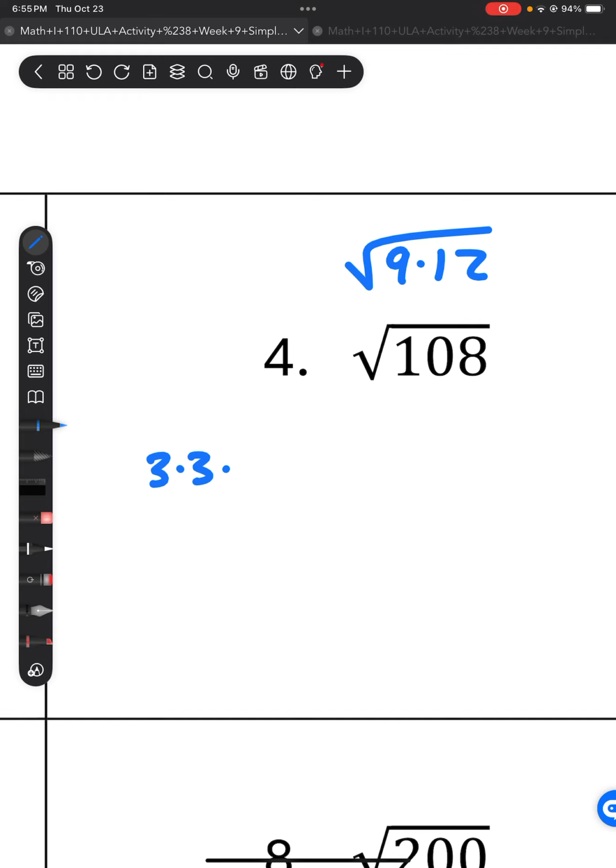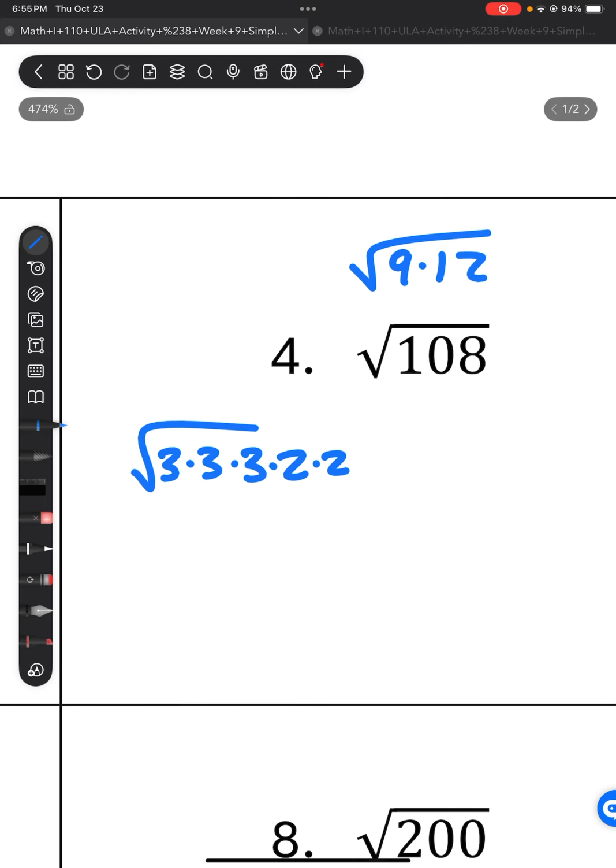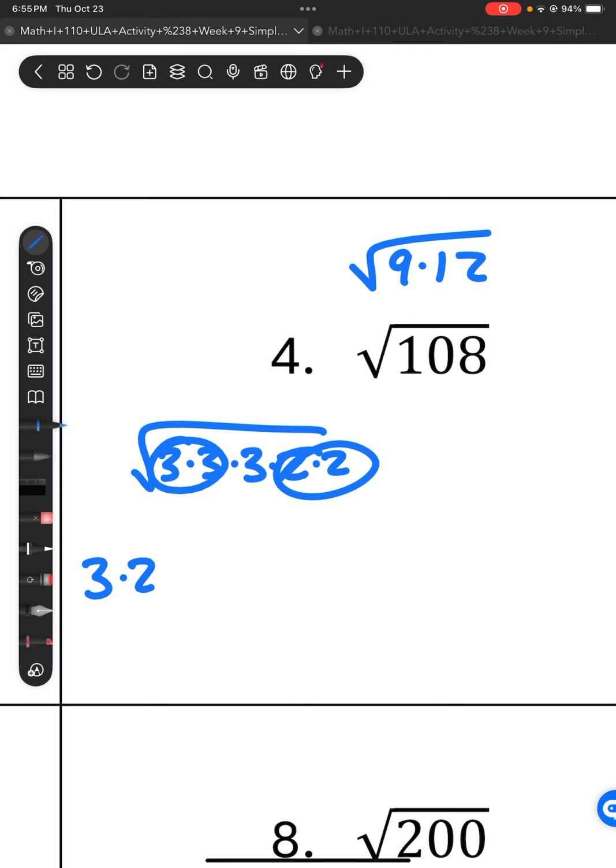So there's 3 times 4, which is also 3 times 2 times 2. So from there, finding my pairs, a 3 and a 2. So I'm taking out my 3, taking out my 2. I'm left with the 3. And that gives me 6 root 3.